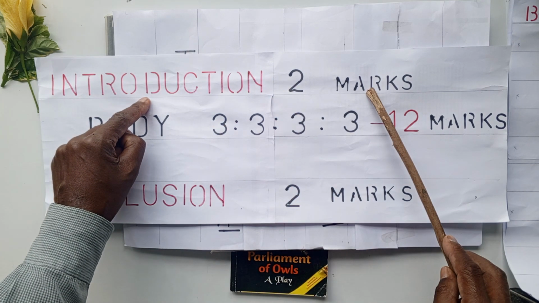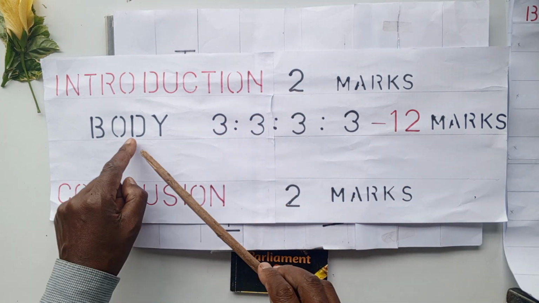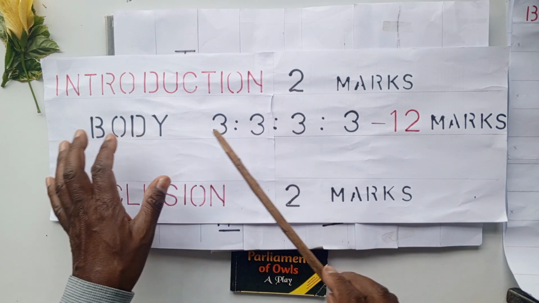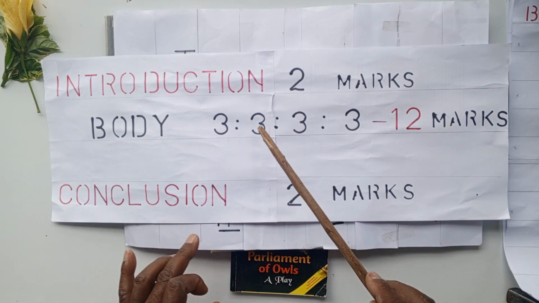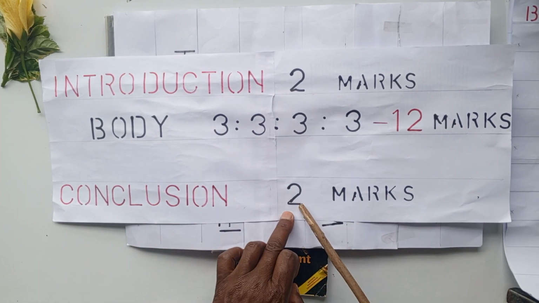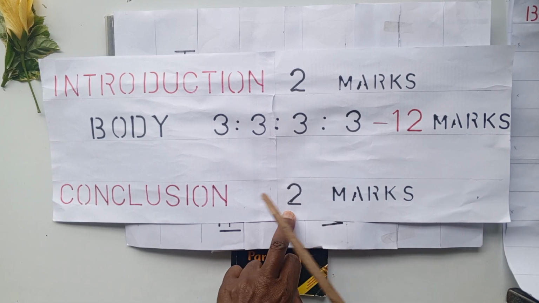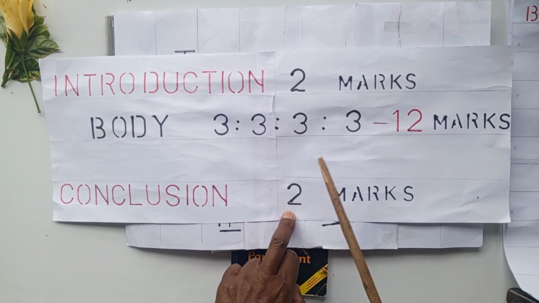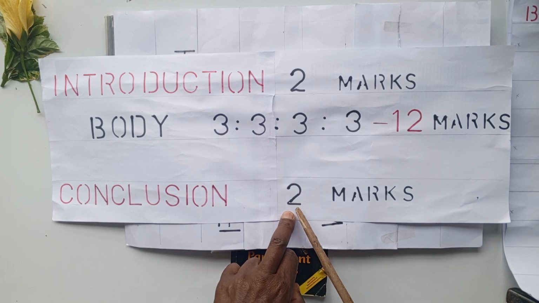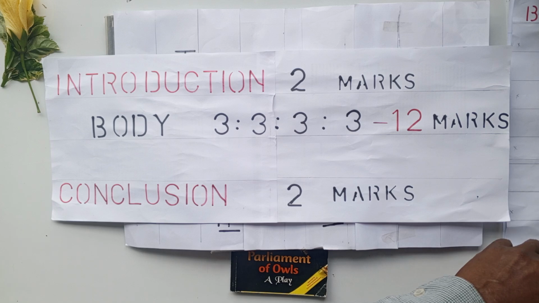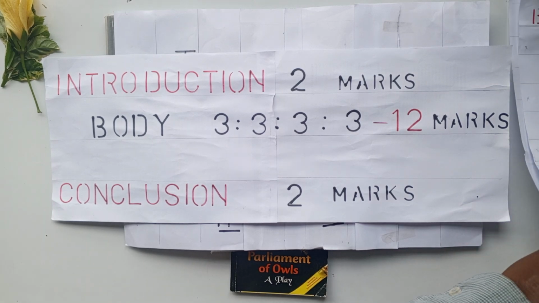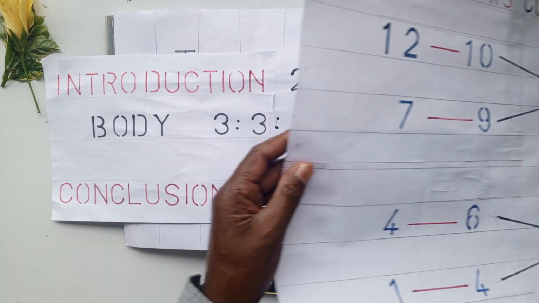You write a good introduction, you get 2 marks. You have a good body, good details, you get 12 marks. But you wouldn't get 2 marks automatically in the conclusion. Something else will dictate the 2 marks. How do you score the 2 marks in the conclusion? I want to discuss that right away.